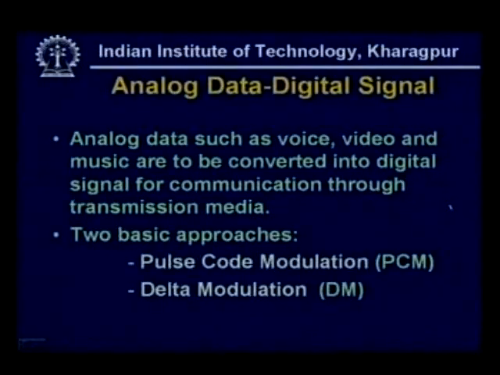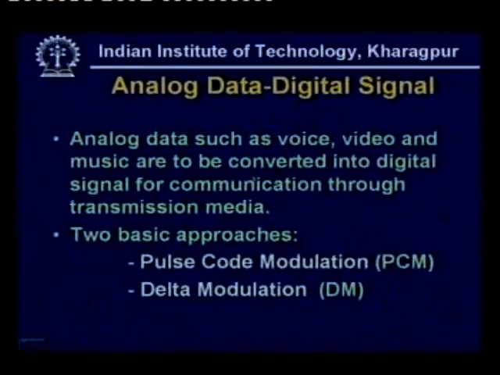For example, analog data such as voice, video and music are to be converted into digital signal for communication through transmission media. One example is voice being sent through a telephone line. As you know, in modern telephony it is not sent in analog form, it is converted into digital form. So, a digital signal is transmitted. Similarly, video and music can be sent.